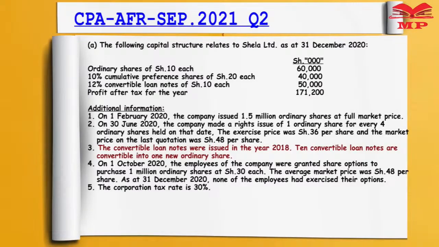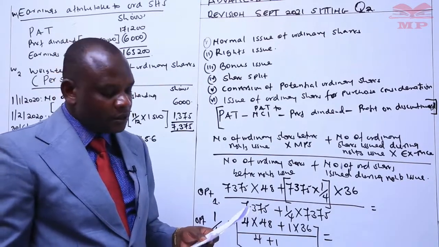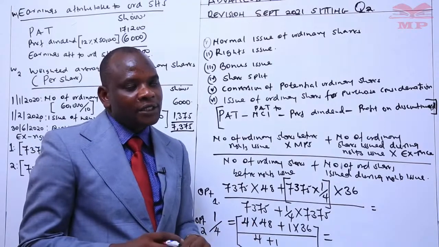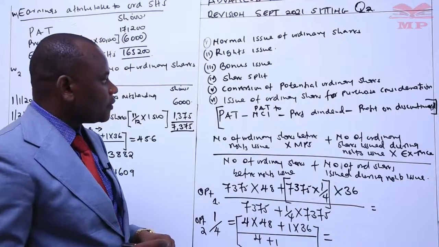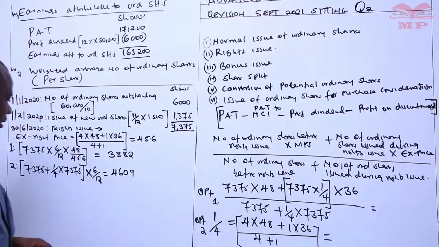The number 3 is the convertible loan notes were issued in the year 2018. 10 convertible loan notes are convertible into 1 ordinary share. So none of it has actually been converted. All of them have remained potential. So it doesn't affect basic EPS. On 1st October 2020, the employees of the company were granted share options to purchase 1 million ordinary shares at 30 each. Again, options are also potential ordinary shares that allow employees to become shareholders at some future date.